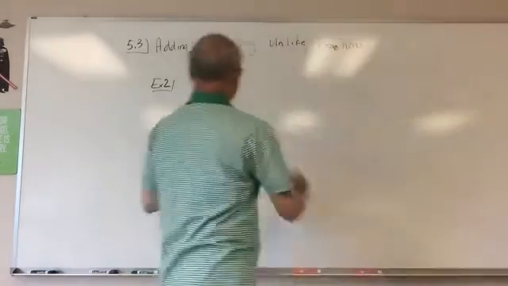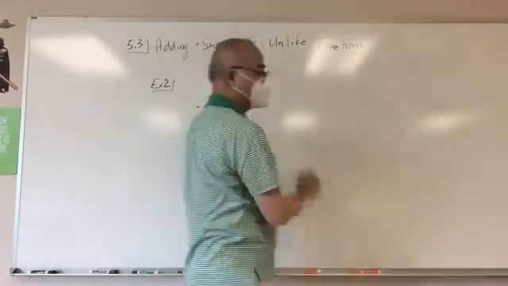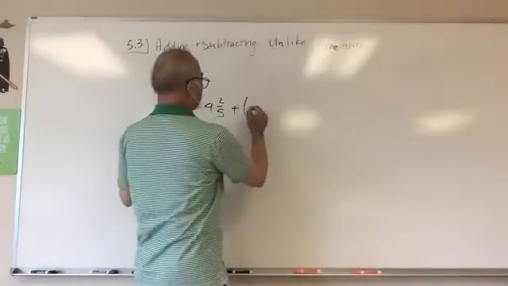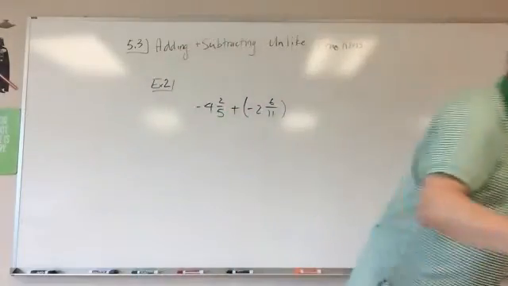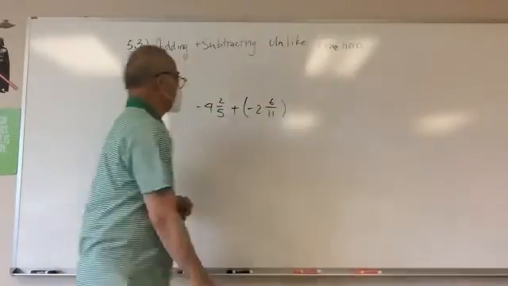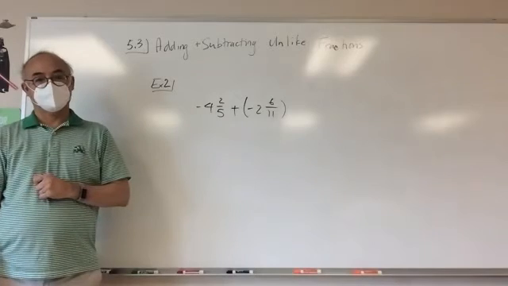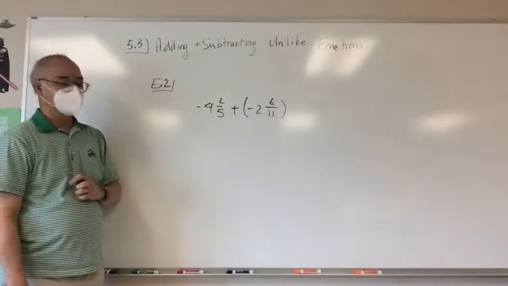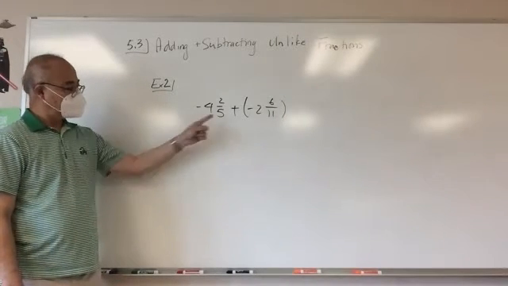So I have negative 4 and 2 fifths, plus negative 2 and 6 elevenths, is it? Okay, all right. So how are we going to do this? Any ideas? Oh, 4 times 5 is 20, plus the 2.